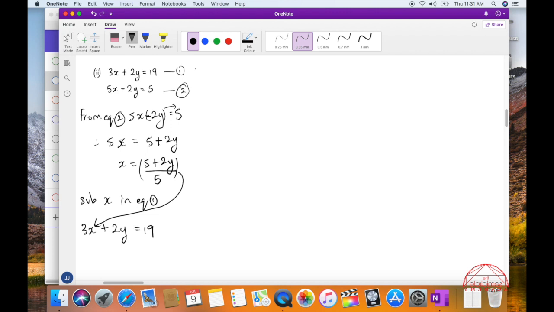So that means I have 3 times 5 plus 2y divided by 5, plus 2y gives us 19. Now I can't cancel anything off here. The 3 cannot cancel the 5. Nothing could cancel off really.